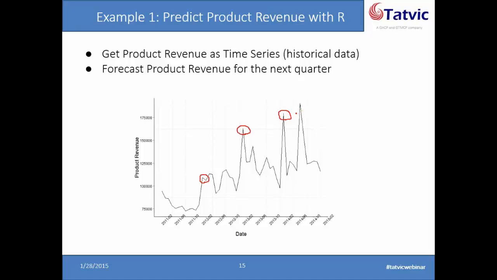This one over here is a bit of an outlier. And so we can see that these three peaks regularly co-occur at a fixed interval of time. The nature of this data is that since it's an e-commerce store, there is holiday shopping associated with it, and that is why we see these prominent spikes during the end of the year.